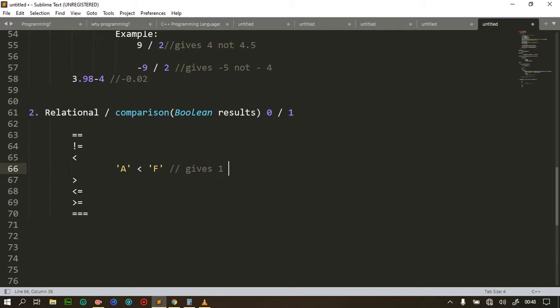This gives a 1. If you went through our previous episode, we talked about the coding system of characters. So definitely this will be something like 65 is less than 70. Automatically it's not. So that is why it gives a 1, meaning it's a false.